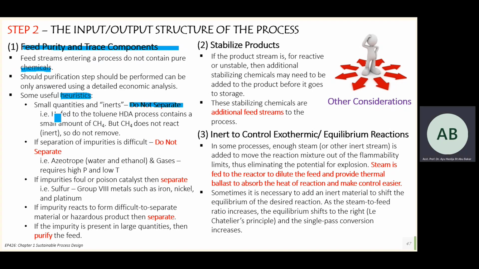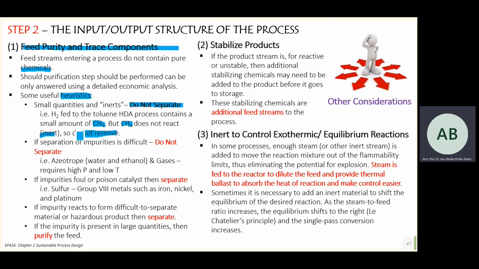For example, H2 fed to the toluene HDA process contains a small amount of CH4. But that CH4 does not react. It is an inert, so do not remove. No need to remove. Like for the air, you have O2 and N2. N2 we always consider as inert, right?